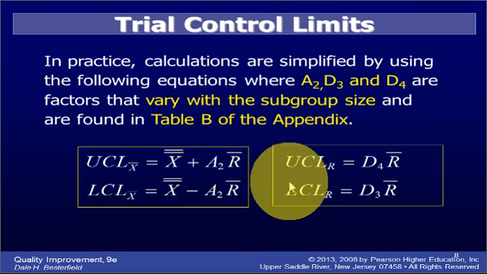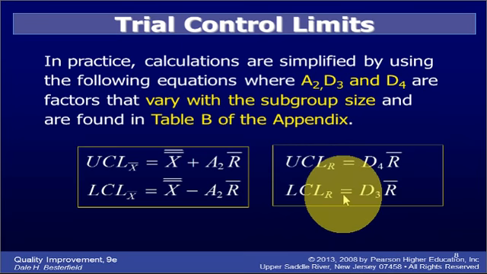So normally we just set this LCL for the R to be 0. And if you have a larger number of samples in one subgroup, this LCL R may become a positive number.